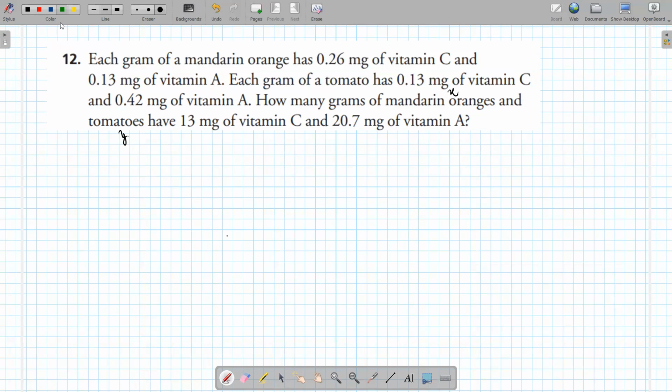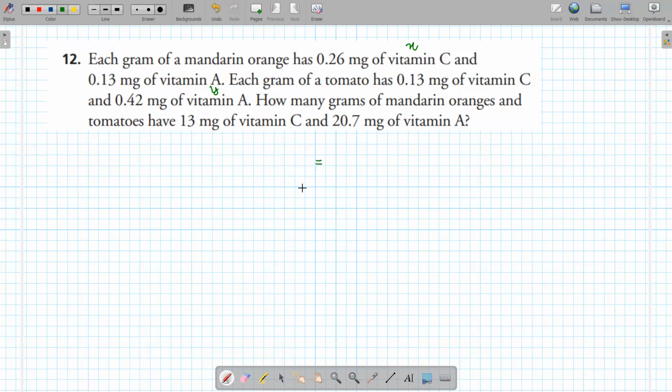Is there one equation for vitamin C and then another for vitamin A? Maybe that would be better. So let's set this as our X, and let's set that as our Y.